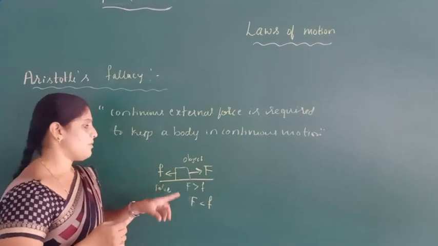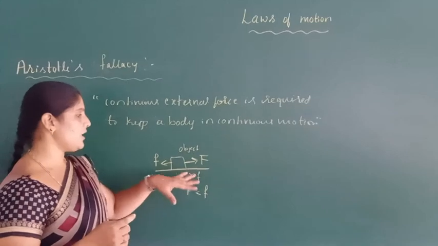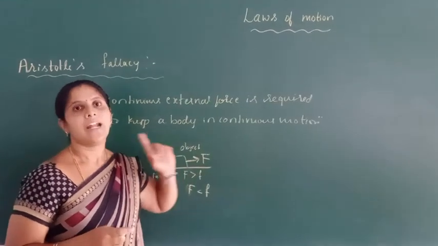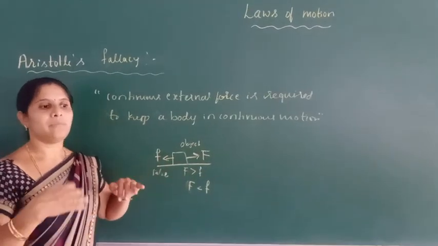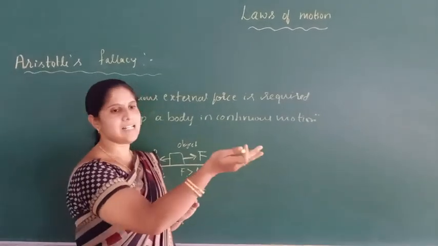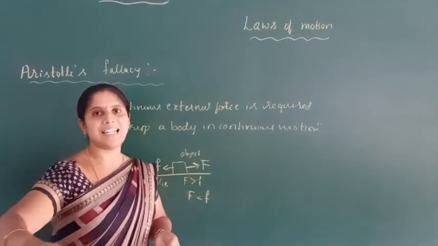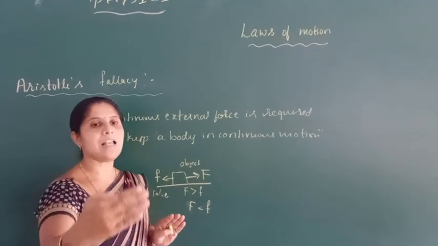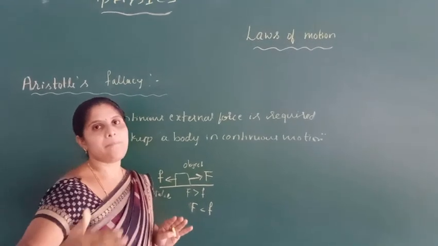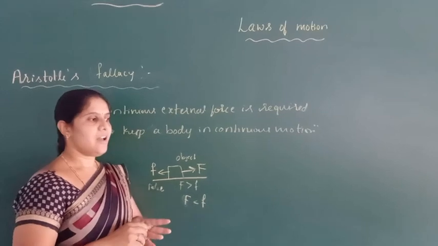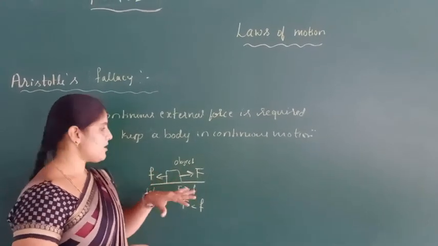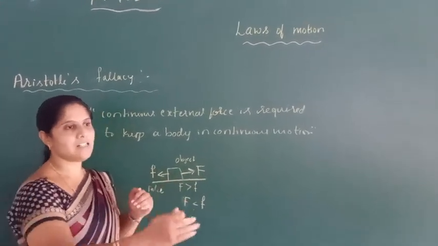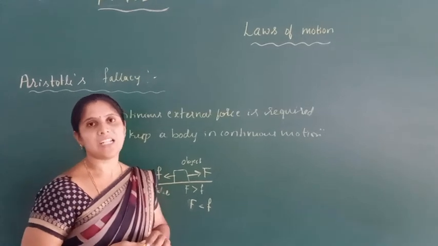So, external force is not required to keep a body in continuous motion. It is required only to overcome the friction. If the surface is frictionless, the ball goes easily and does not stop, as no obstacle or opposition is present. In that case there is no requirement of continuous application of external force.